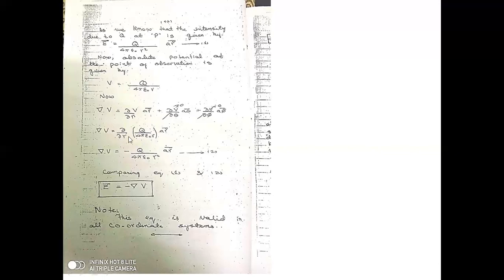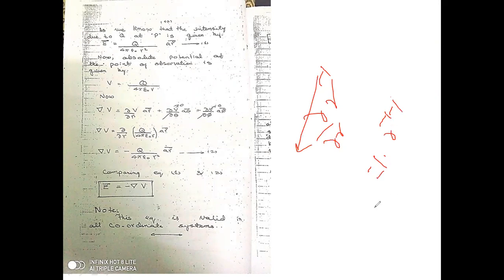So the derivative of 1 over r will be minus 1 over r square, because r is raised to the power of minus 1, so the derivative will be minus r raised to the power of minus 1 minus 1.